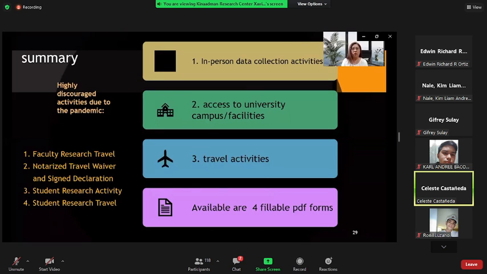So one is on faculty research travel. Obviously, this is for faculty, but there's also a notarized travel waiver and signed declaration. This is for both faculty and students. And then number 3 is a student research activity form and a student research travel request form.